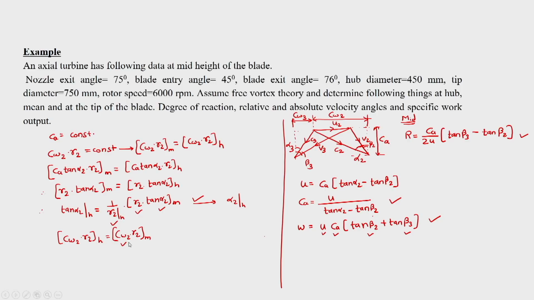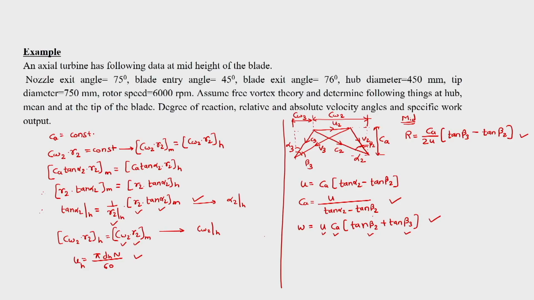At mid we know Cw2, and at mid we know D2. So from this equation we know Cw2 at hub. This is also known to us. Now we can proceed with these things. Further, for that we should know U at hub is equal to pi Dh into N by 60.